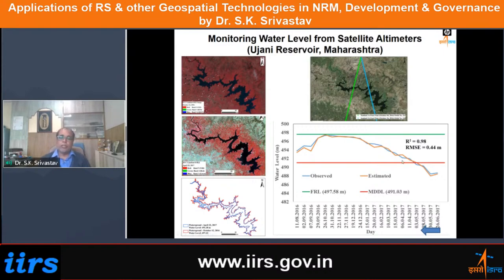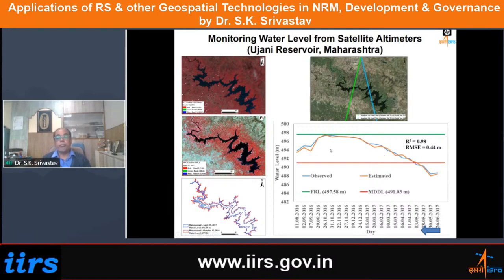So on the left side, the lower figure shows you how the water level is changing with respect to time. There are two lines here. If you look at the graph, there is the orange color line, which is the estimated water level, and then there is a cyan color line, which is changing with respect to time again.